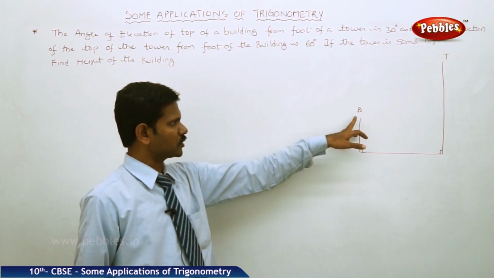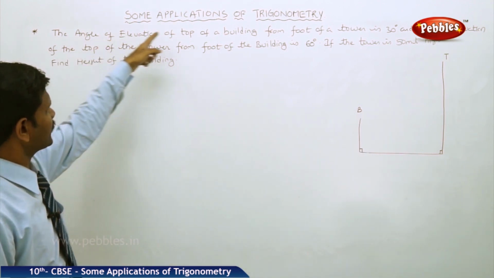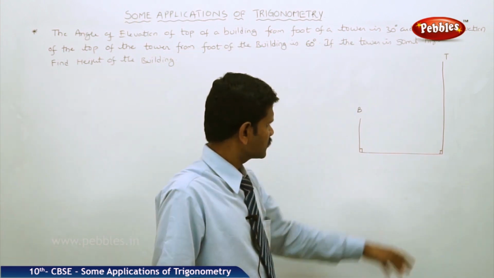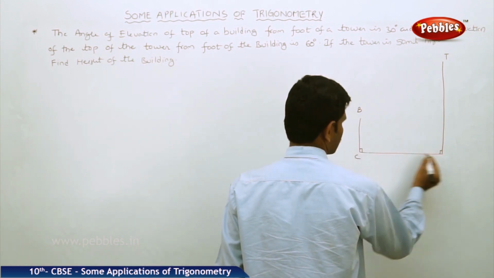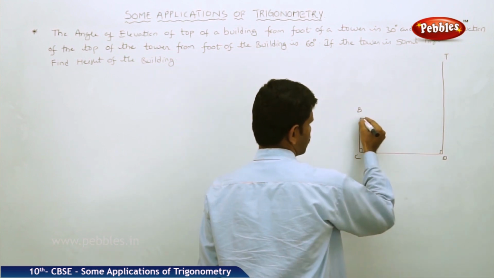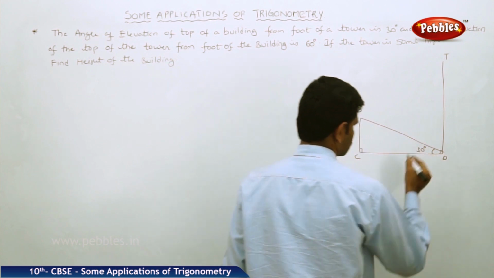Now the angle of elevation of the top of the building from the foot of the tower is 30 degrees. The foot of the building is C and the foot of the tower is D. From the foot of the tower D to the top of the building, it makes an angle of 30 degrees.